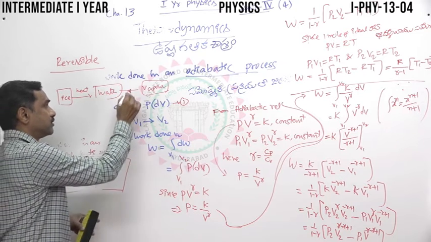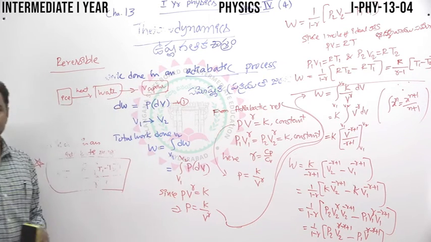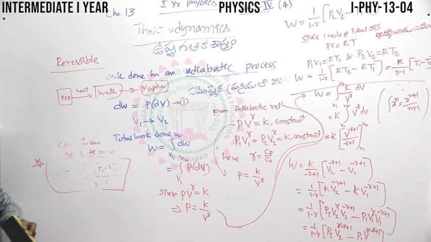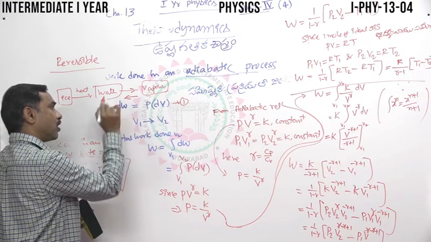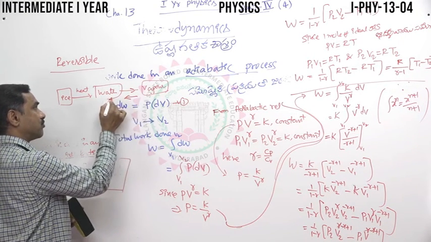Further you heat it, then vapor, the gaseous state, is formed. In reverse, on cooling, vapor gets condensed and water will be formed.